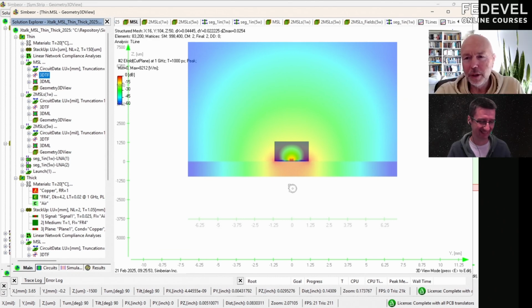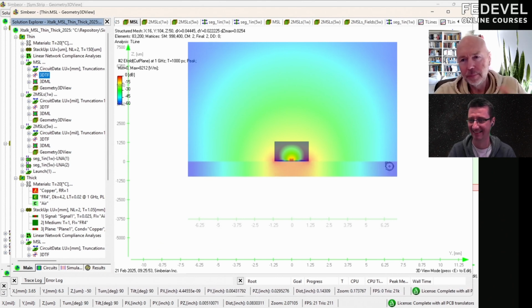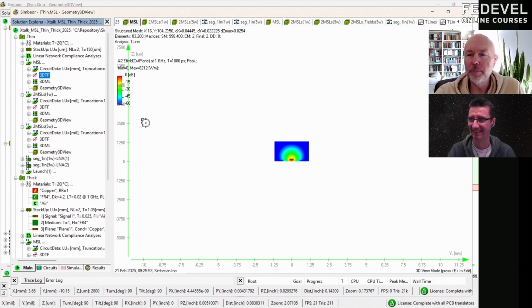Yes, you get more space in the XY plane, obviously, and we can compare crosstalk at 1W distance and at 5W distance, and we will see what the difference is. Let's do this.